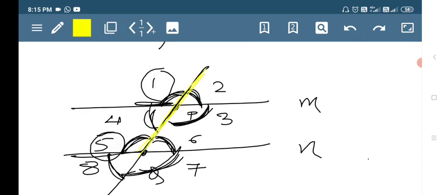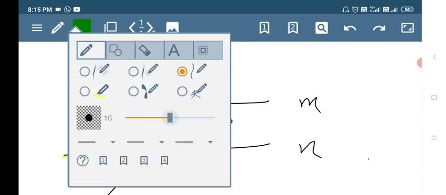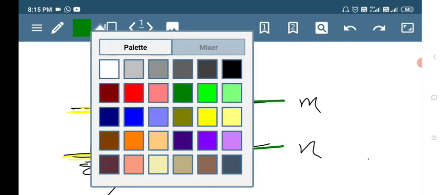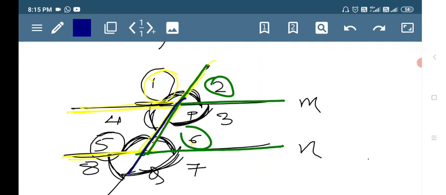Similarly, 2 and 6 also form an F. Similarly, 3 and 7 also form the shape of an F. So to remember, we denote corresponding angles with the symbol F. Okay, this is about the corresponding angles.